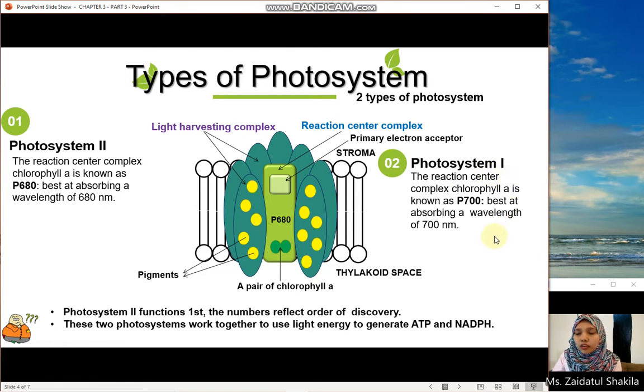The reaction center complex of photosystem 1 is known as P700, whereby it is best at absorbing a wavelength of visible light at 700 nanometers. In a light-dependent reaction, photosystem 2 will function first, and these two photosystems will work together and use photons, aka the light energy, to generate some ATP and NADPH.